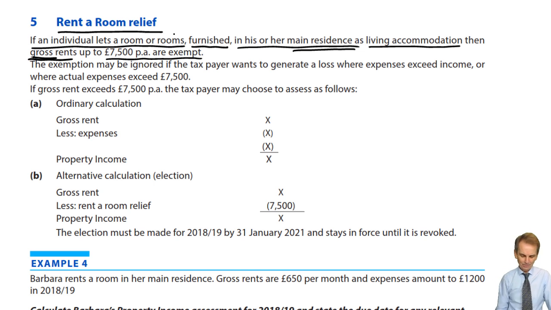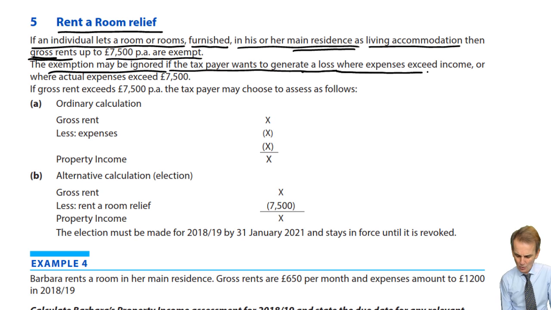Not bad. The exemption may be ignored. Now you think, why would the taxpayer want to ignore an exemption? Surely exemptions are good news. Well, not always. The exemption may be ignored if the taxpayer wants to generate a loss where expenses exceed income.